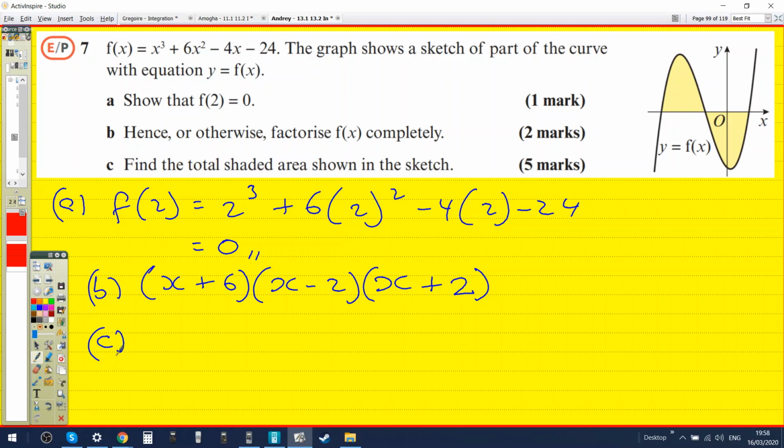So put that into my calculator. Right. And then, so the roots are minus 6, 2, and minus 6, minus 2, and 2.